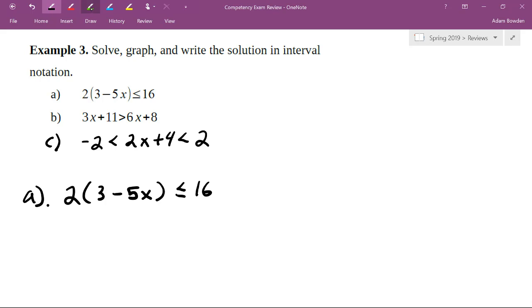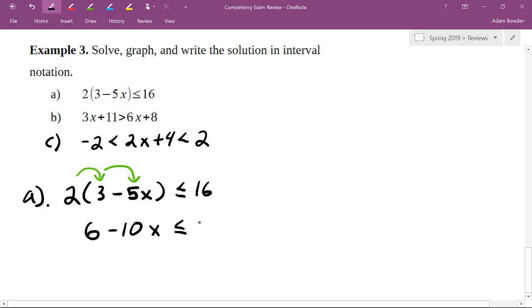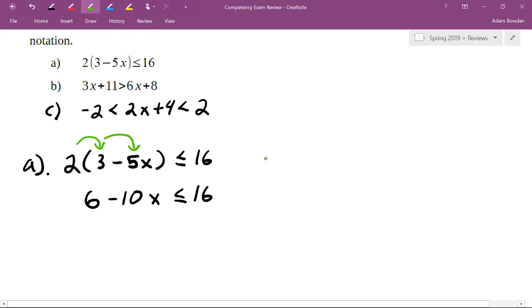The first thing I'm going to do here is distribute into the parentheses. Once we do that, we're going to have 6 minus 10x is less than or equal to 16. And now we want to isolate x by itself, just like we would if we're trying to solve for x in a regular equation.